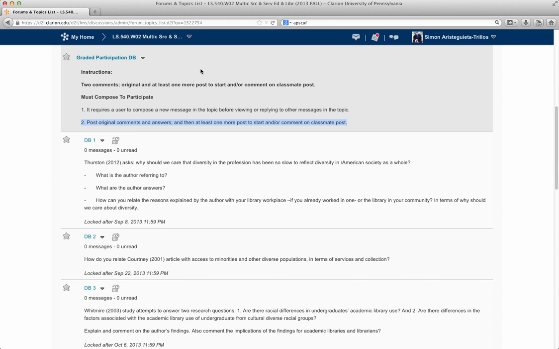For example, DV1. Thurston 2012 asks, why should we care that diversity in the profession has been so slow to reflect diversity in American society as a whole? What is the author referring to? Where do you find this? Who is Thurston 2012?